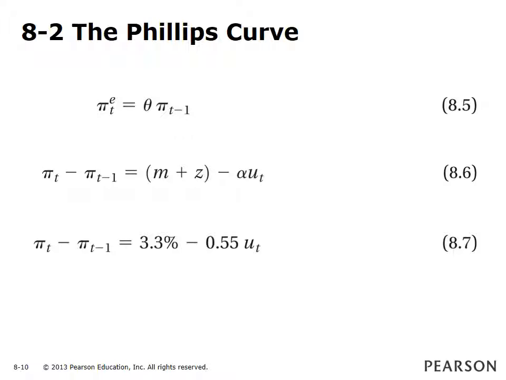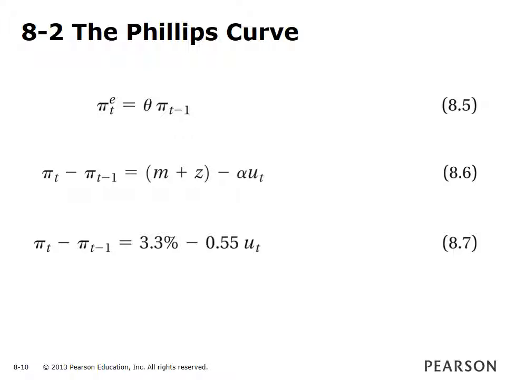High unemployment leads to decreasing inflation. Low unemployment leads to increasing inflation. Equation 8.6 gives us the relation called the modified Phillips curve or the expectations augmented Phillips curve. This relation was observed for the period 1970 to 2010 and is given by equation 8.7.